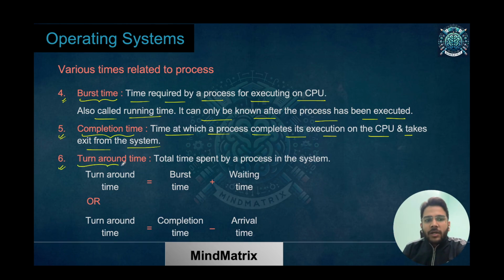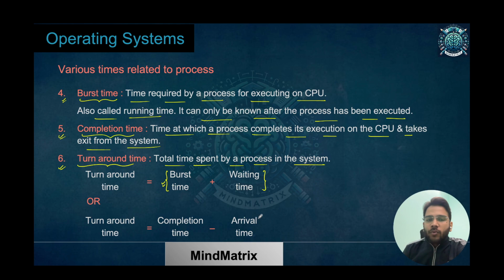What is turnaround time? Turnaround time is the total time spent by a process in the system. Now carefully observe this. A process is either going to execute, meaning it gets the CPU and executes, or it is going to wait. These are the two possibilities.